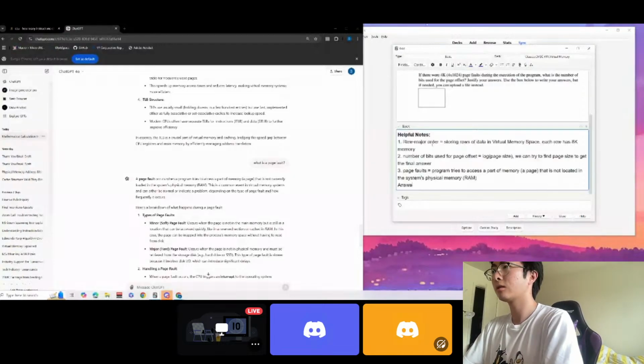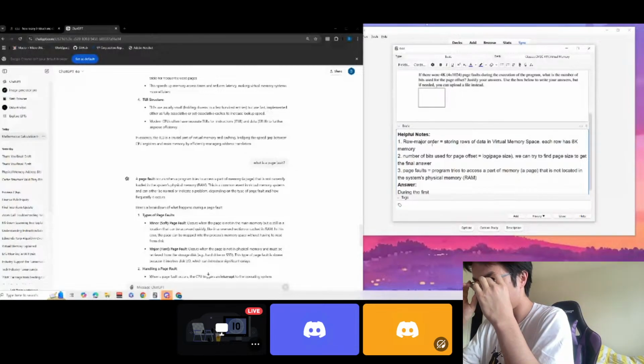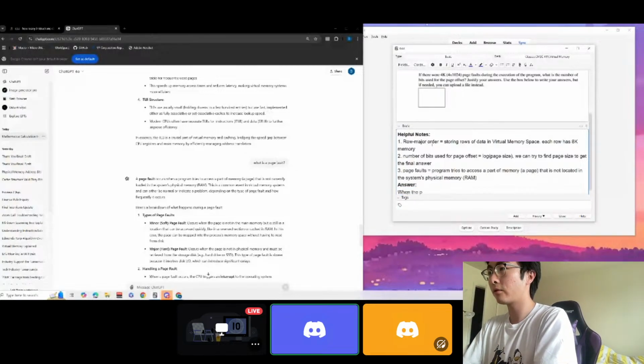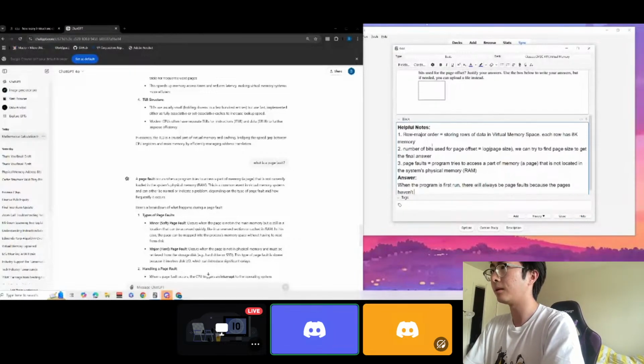Okay, so answer. When the program is first run, there will always be page faults because the pages haven't been loaded into, haven't been mapped to the system's physical memory yet.